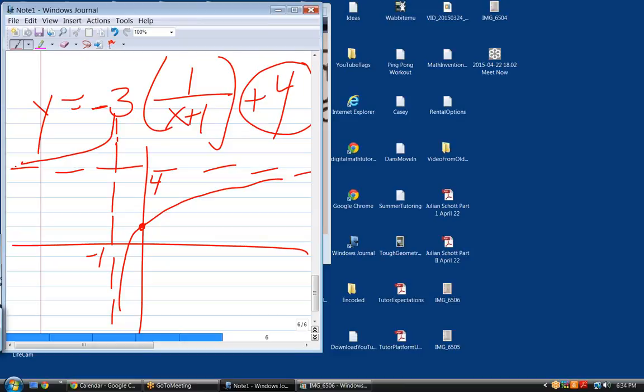So this one has to be in quadrants 2 and 4, not 1 and 3. And all hyperbolic functions are like this. It's really easy. You draw the vertical asymptote, you draw the horizontal asymptote, and then you test a point as to whether you're in 1 and 3 or 2 and 4. Okay.